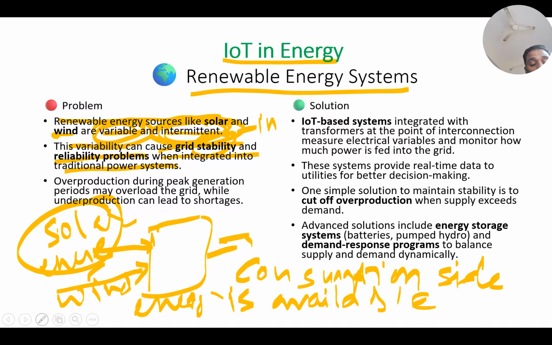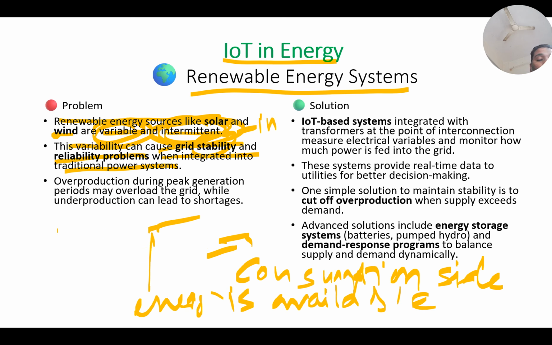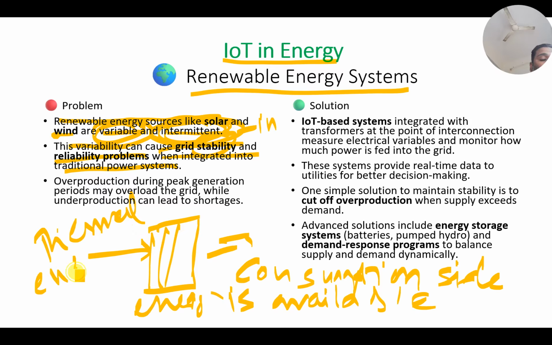Now consider a scenario where both are not available. In such a scenario, I will feed the grid with my thermal energy, that is by burning the coal, right? So this is the issue addressed by the second point.